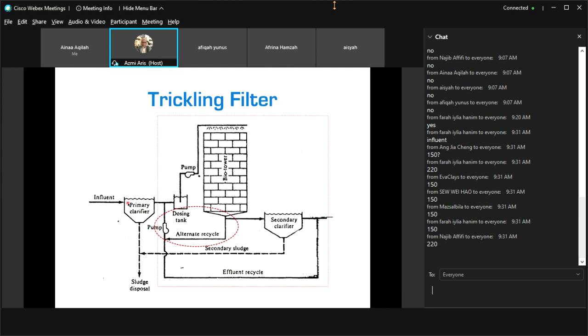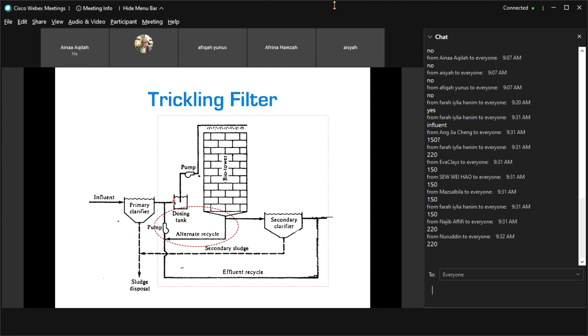LI is the one coming into the trickling filter. This is coming to the primary clarifier, 220. The primary clarifier removes some of the suspended solids, so the BOD becomes 150.